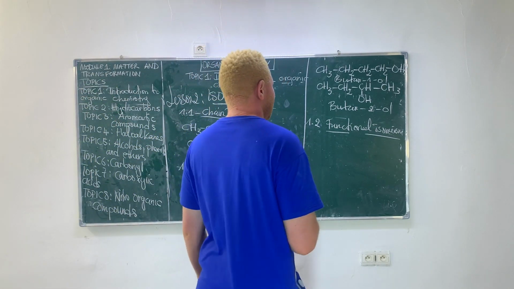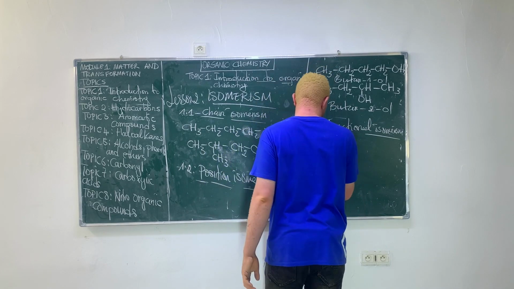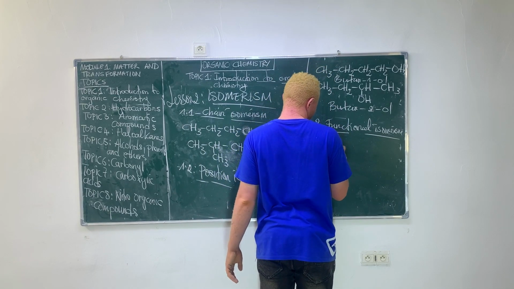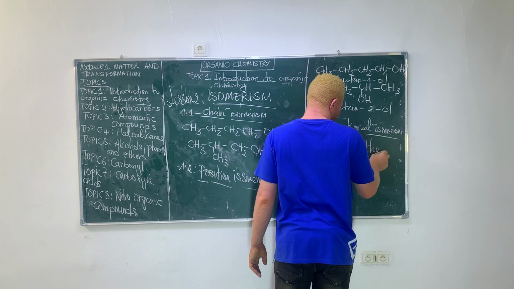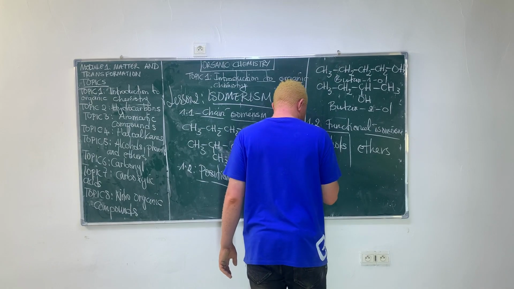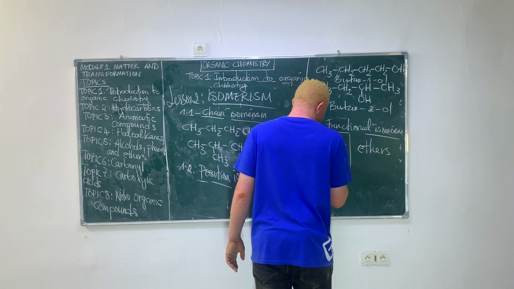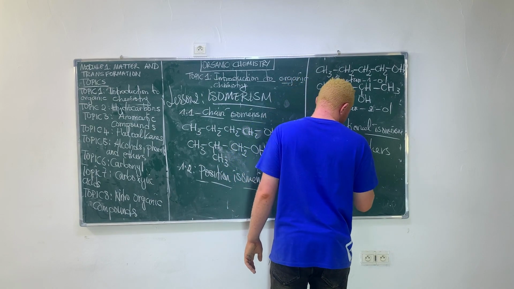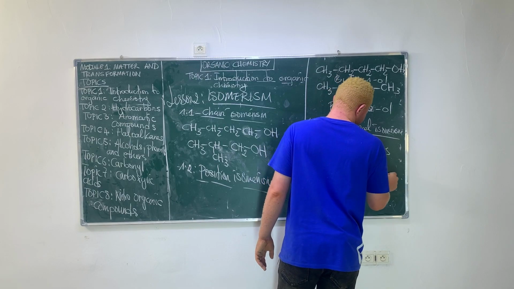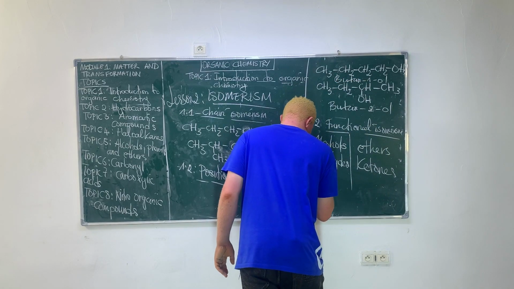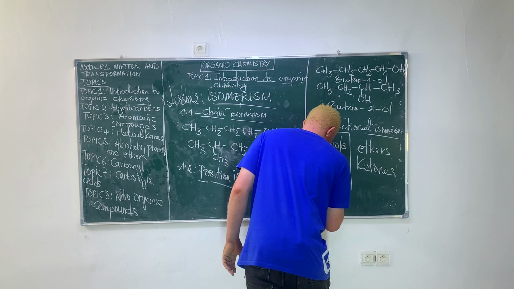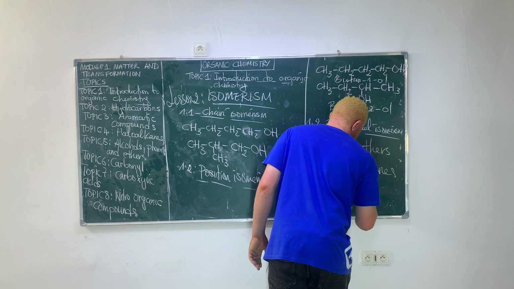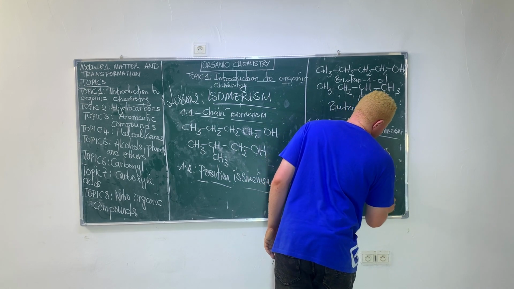So these are the various ways: alcohols are isomers of ethers, aldehydes are isomers of ketones, carboxylic acids are isomers of esters.